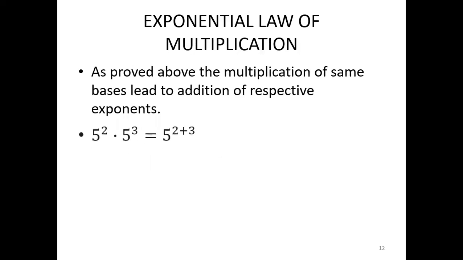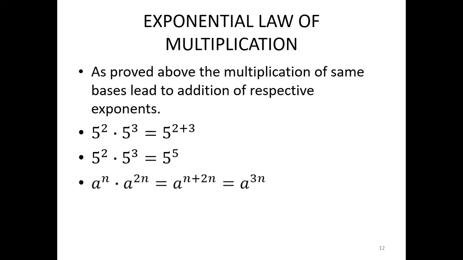So if I've got 5 squared times 5 cubed, that will give me 5 to the exponent of 2 plus 3. And 2 plus 3 will give me 5. So I end up having 5 to the exponent of 5. If I have a to the exponent of n times a to the exponent of 2n, I will write it as a single base, which is a, and just add the exponents. 1n plus 2n will give you 3n.